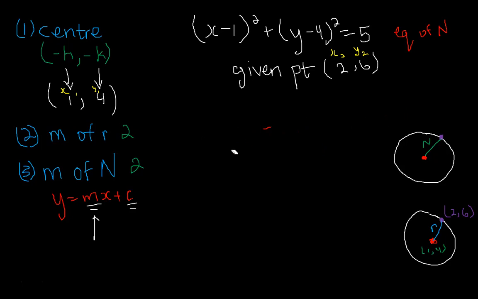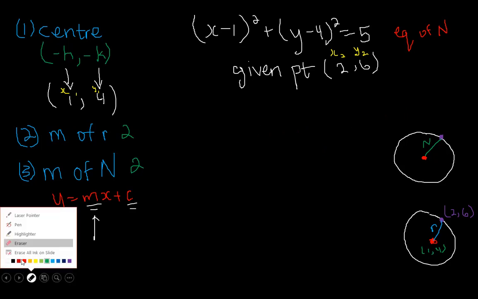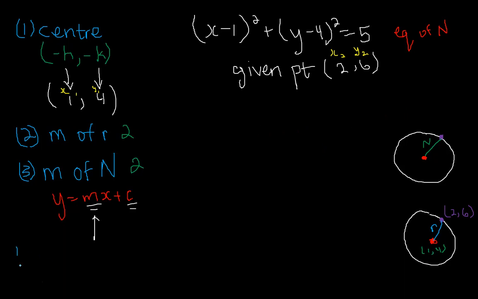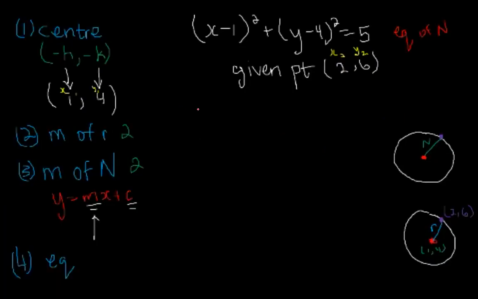The fourth and final step when trying to find the equation is to find the equation. And we know to find the equation of a line, when given the gradient and a point on the line, we can use one of these two methods.